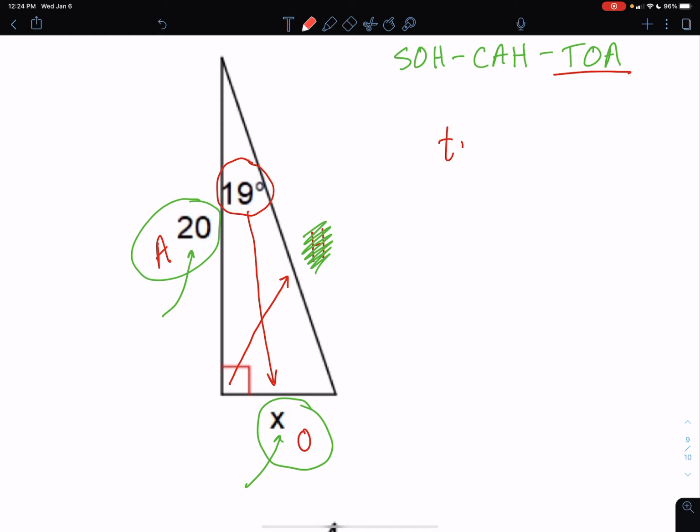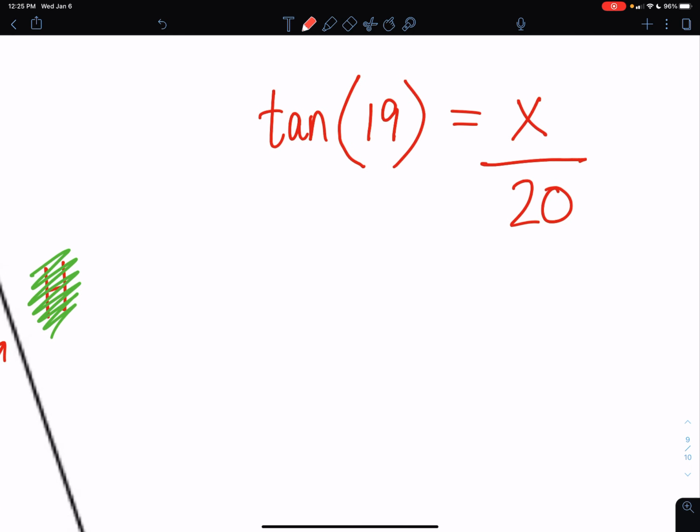And so I'm going to write tan down, and then we put our angle measure in the parentheses, so 19, and then that's going to equal, and the first letter goes on top of our fraction, the second letter goes on the bottom. So the O side goes on top, A side on the bottom. And so O is X, that'll go on top of our fraction, and our A side is a 20, that'll go on the bottom.